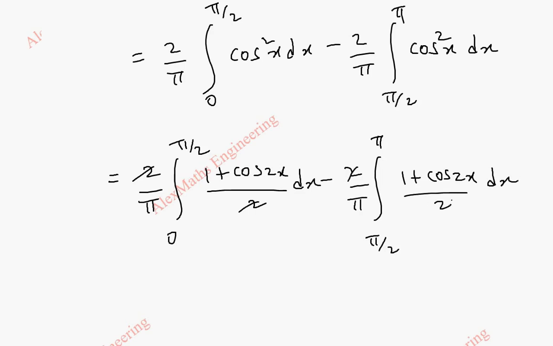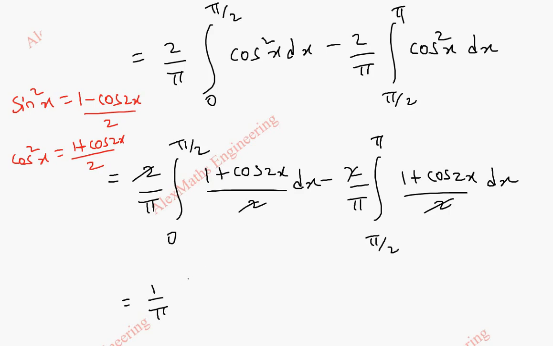Even we can cancel these two also. The basic formula is, whenever we have sine square x, it is 1 minus cos 2x by 2, and whenever we have cos square x, it is 1 plus cos 2x by 2. So we will apply this formula. So after applying that, we are going to integrate.